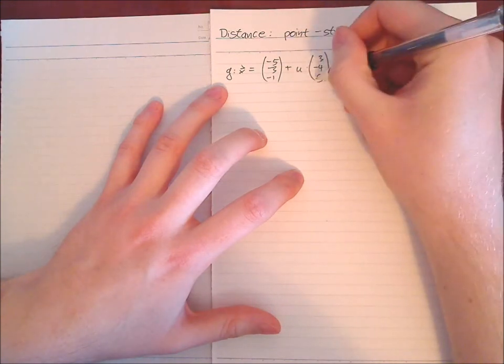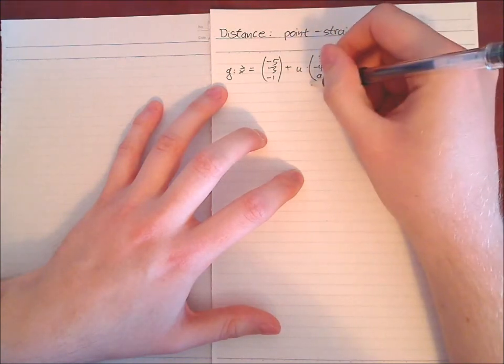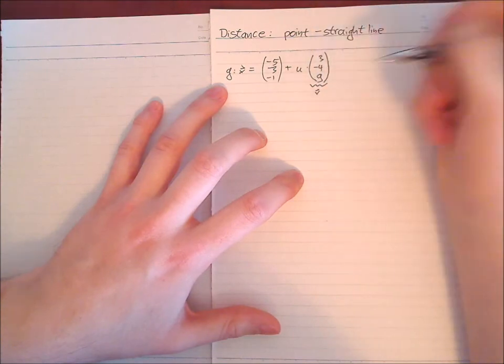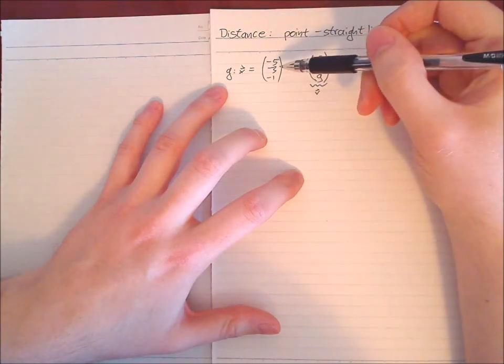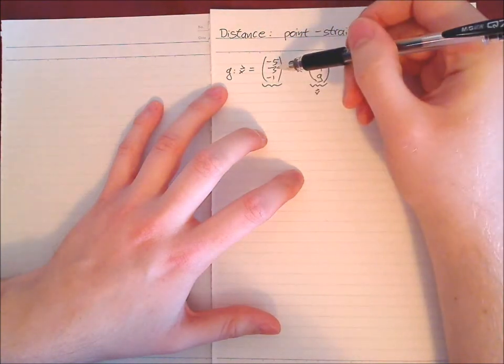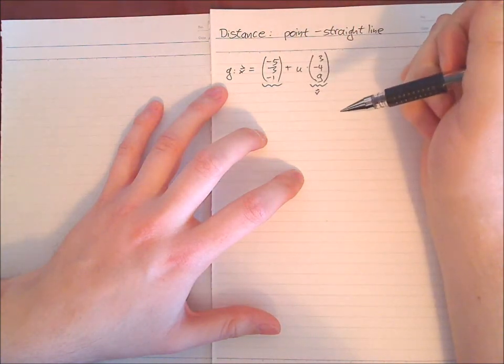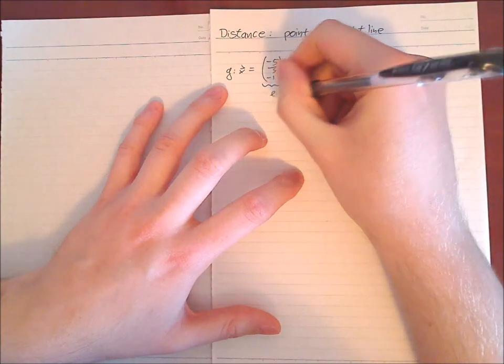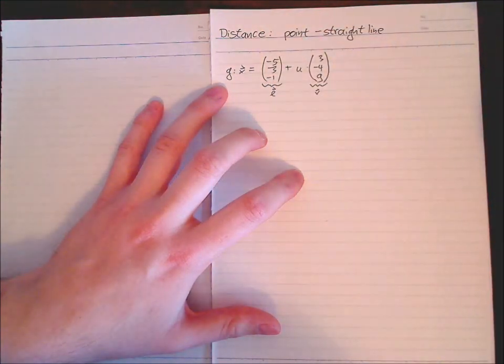I call this vector the directional vector, V, and this is our point, and I call the vector according to this point, our support vector, L. We need that for later.